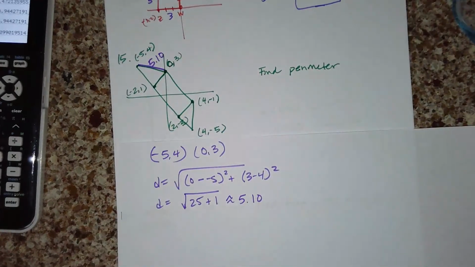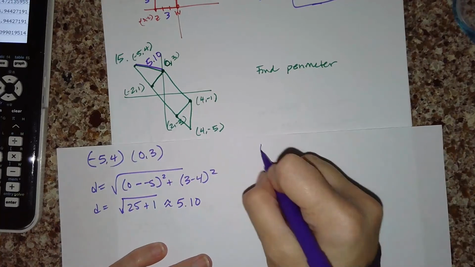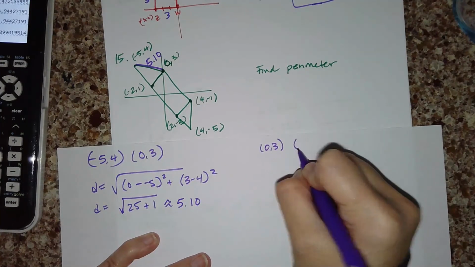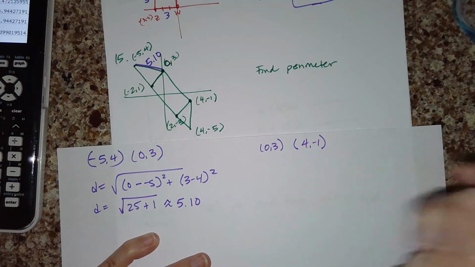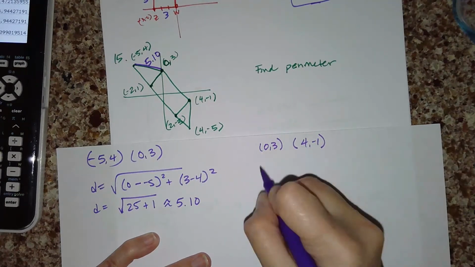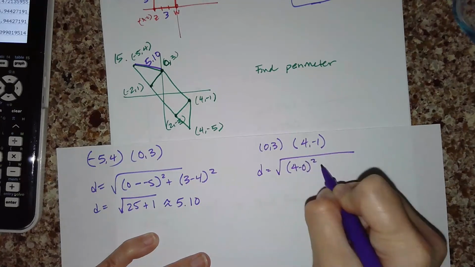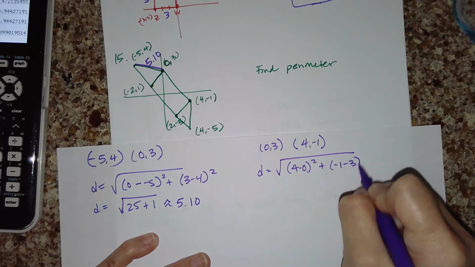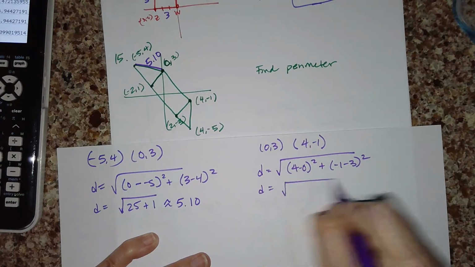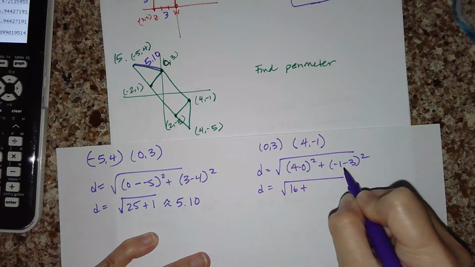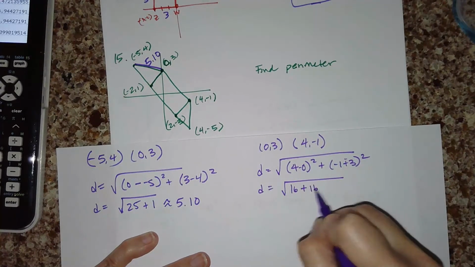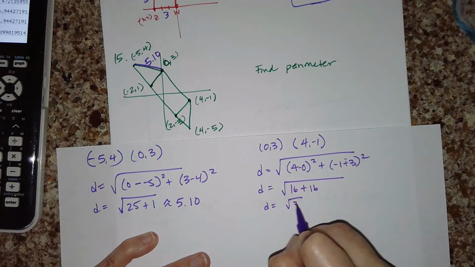Okay. Next one, I'm going to do the point (0, 3) and the point (4, -1). So I'm going to go (4 minus 0) squared plus (-1 minus 3) squared. So I get 16 plus 16, so that's the square root of 32.